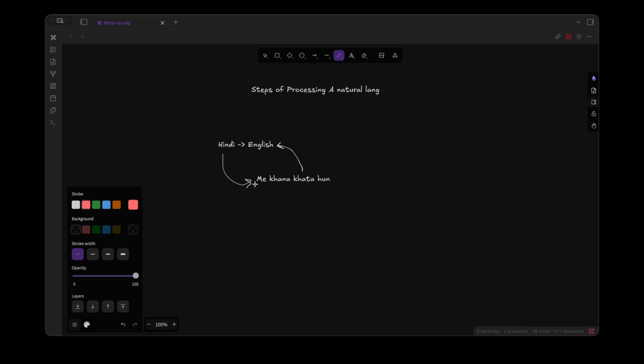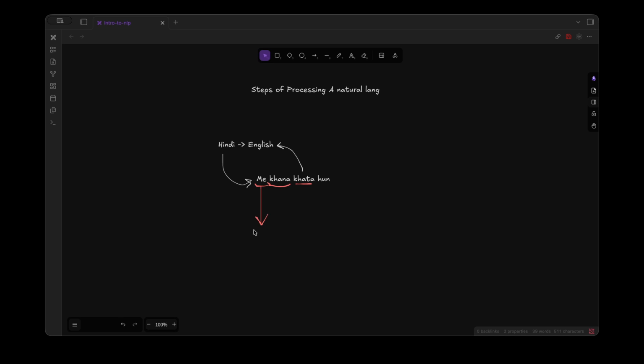Let's say this particular thing is a noun. This particular thing is called the object, and this particular thing is the verb. If we convert it line by line, मैं in English will be I.